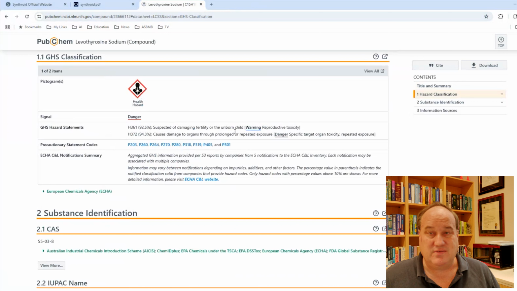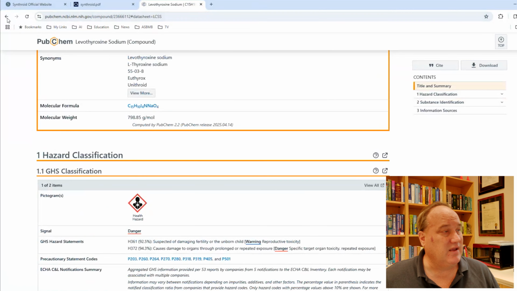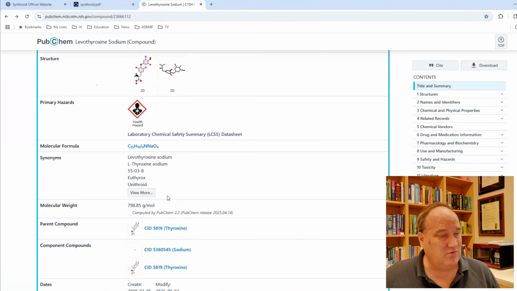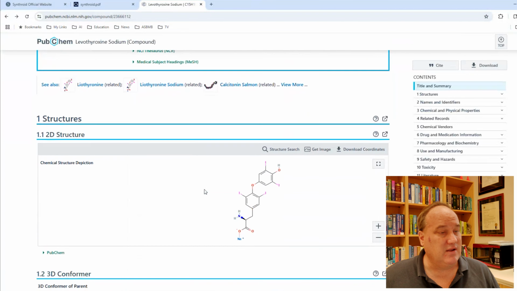That's why there's pregnancy information in the prescribing information, and it can cause damage to organs through prolonged or repeated exposure. So those are important to take into account. And then, of course, under the description, it tells you everything that it does, and what you have to do with the mechanism of action, for example, right?